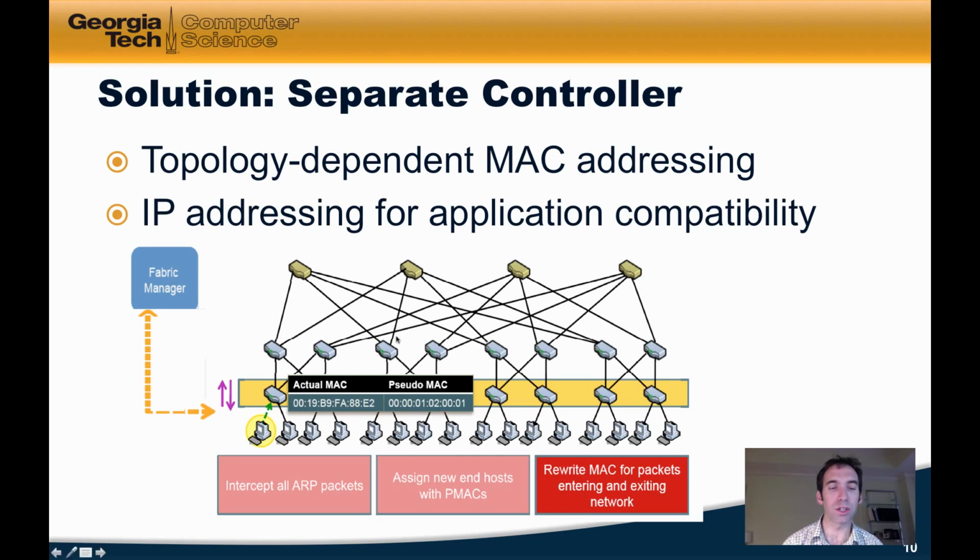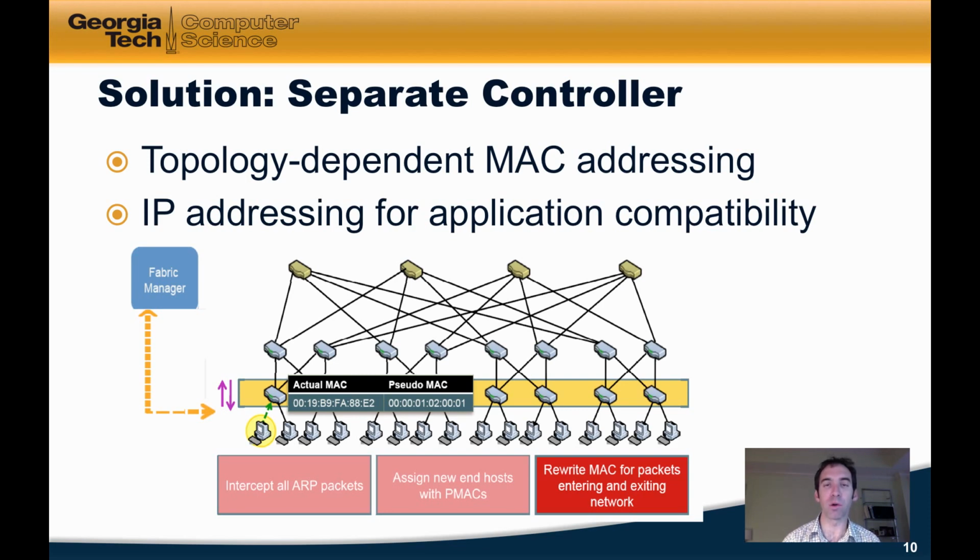So when this particular switch receives a query that says, tell me the MAC address for a particular IP address, that switch can kick that query to a central controller or a fabric manager, which can then reply with the topology-dependent pseudo-MAC or PMAC. And then all of the traffic can be rewritten with the appropriate source and destination topology-dependent MAC addresses.